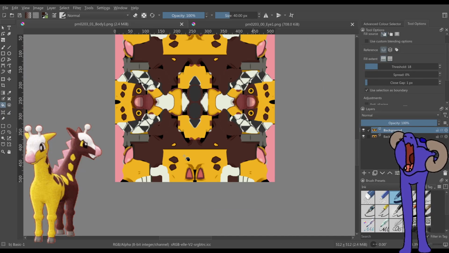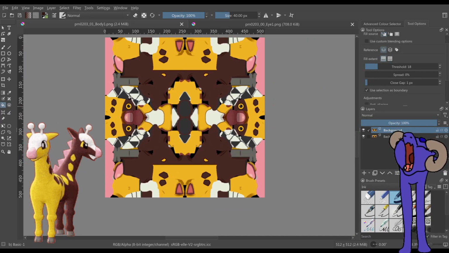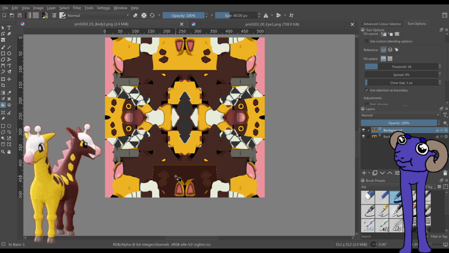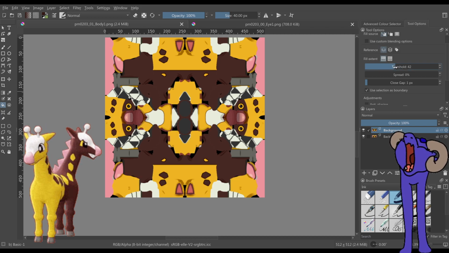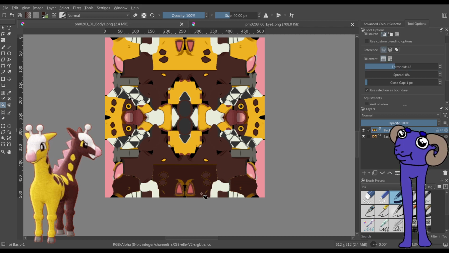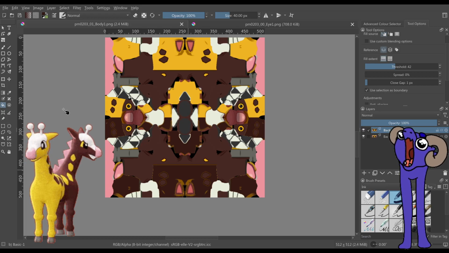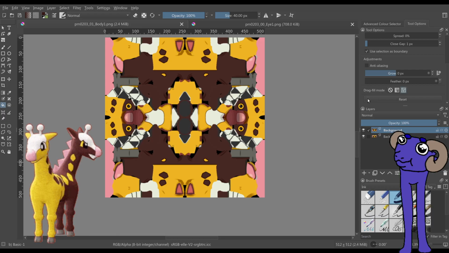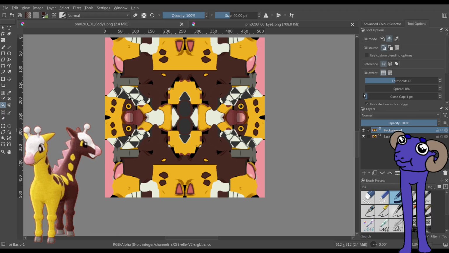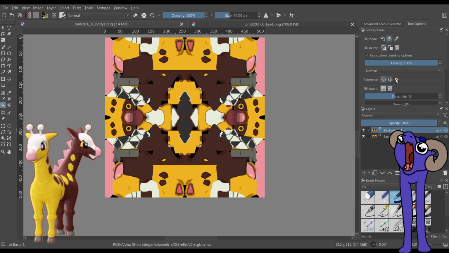Okay, so how do I go about this? I need to change all of these yellow parts to that colour, but they're clearly not spreading well enough, because they're leaving yellow bits. Use custom blending option? Multiply?